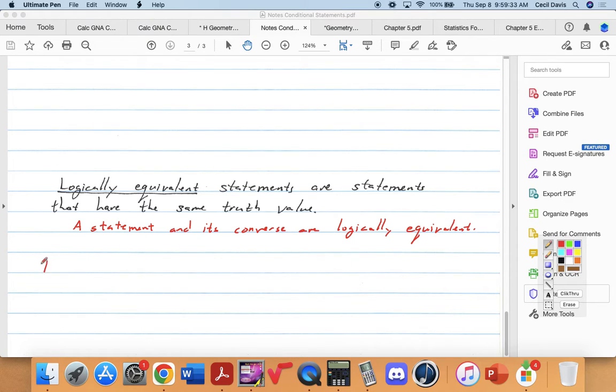And the inverse and the converse of a statement are logically equivalent.